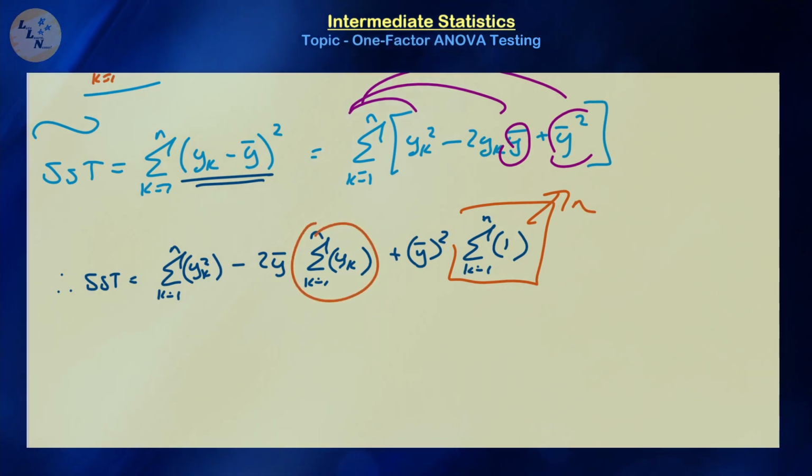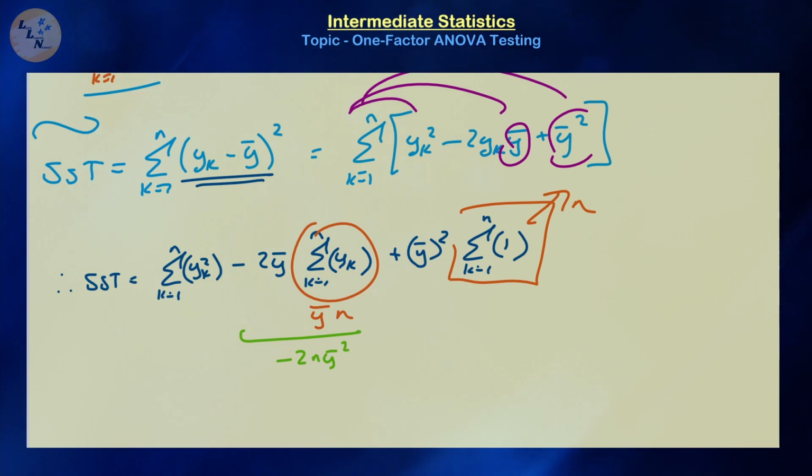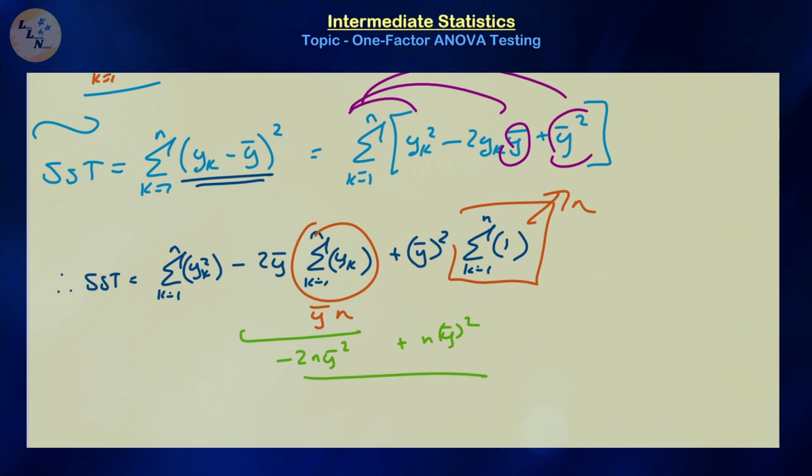That sum of yk is just the same as y bar times n. So if I look at this expression, that's going to be minus 2n y bar squared, and then plus n y bar squared. Okay, so minus 2 cats plus a cat is just going to be minus a cat, right? So that's just going to be minus n y bar squared.